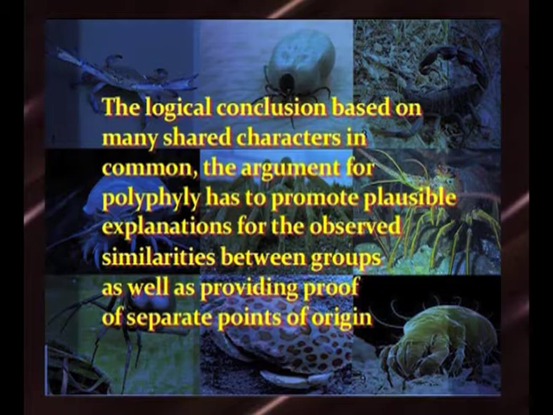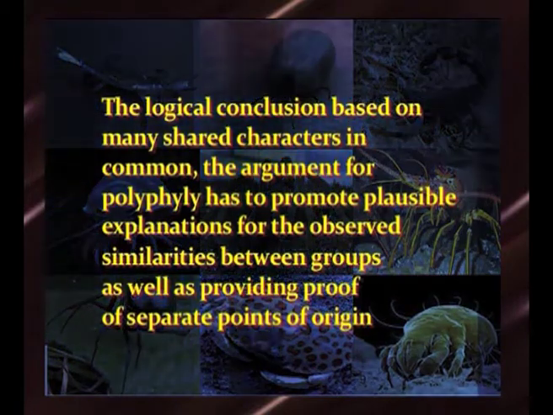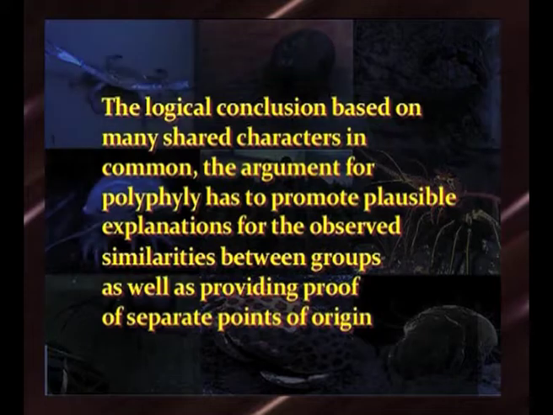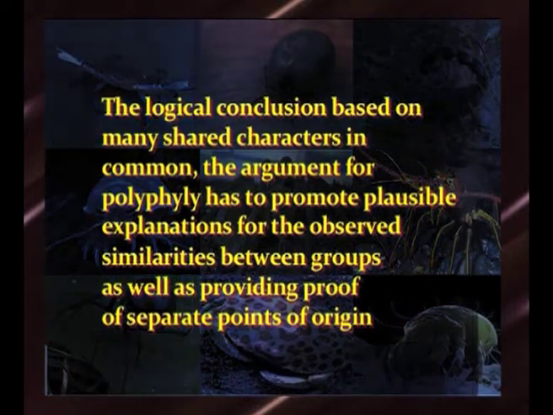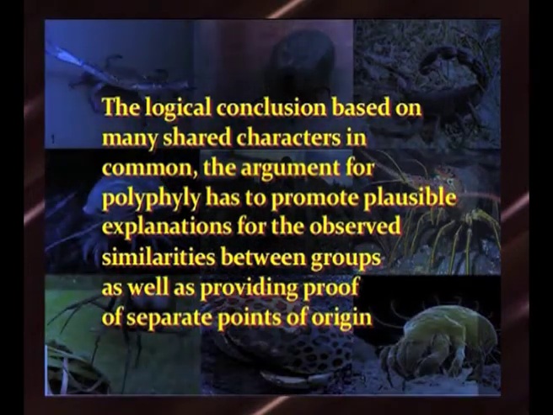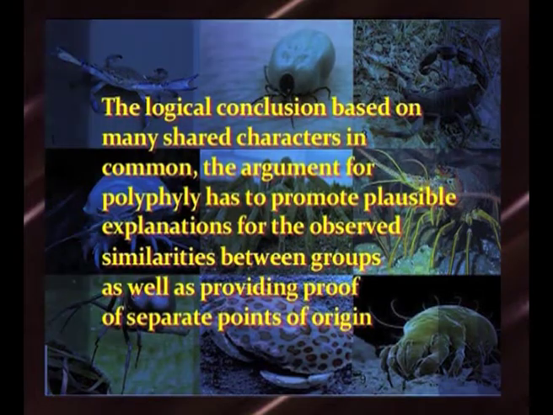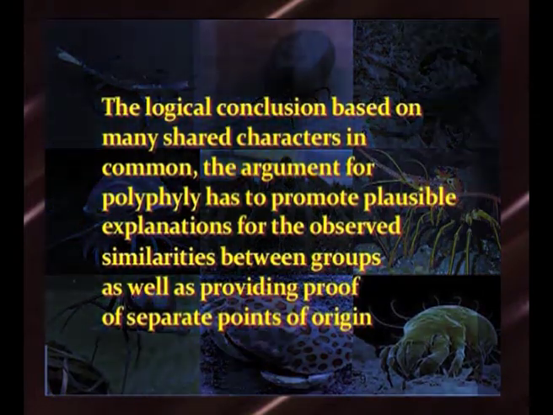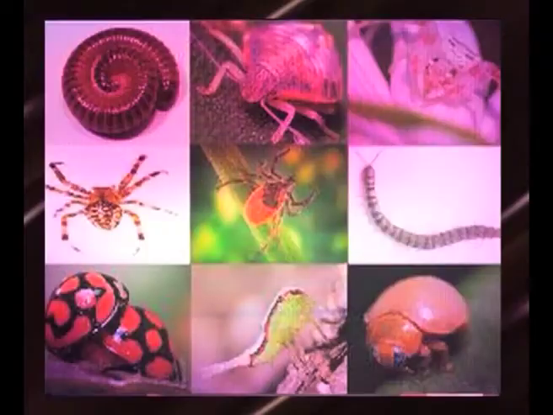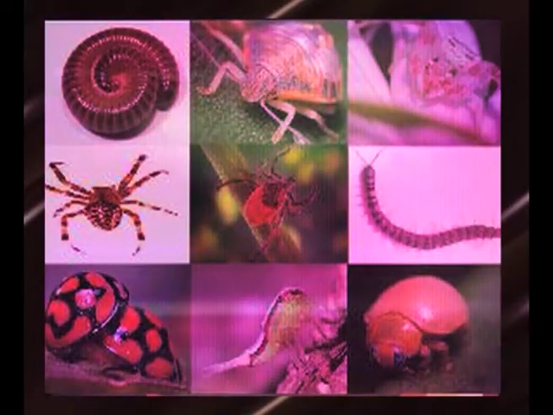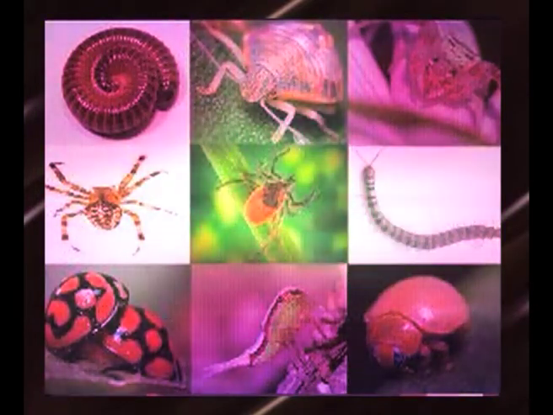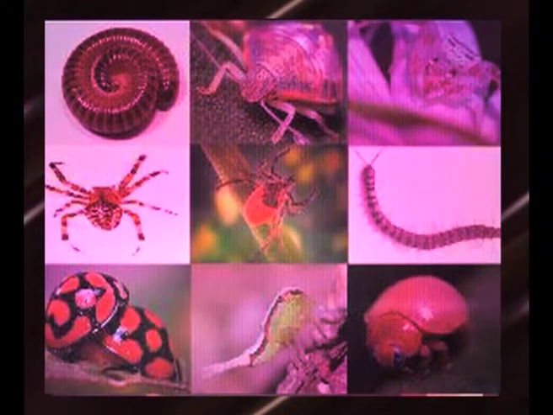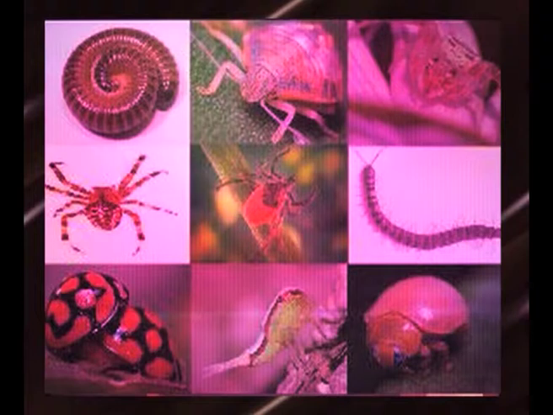In order to counter what seems to be the logical conclusion based on many shared characters, the argument for polyphyly has to promote plausible explanations for the observed similarities between groups as well as providing proof of separate points of origin. The fossil record may provide just such evidence, allowing the evolution of the various arthropods to be considered with the benefit of deep time hindsight.